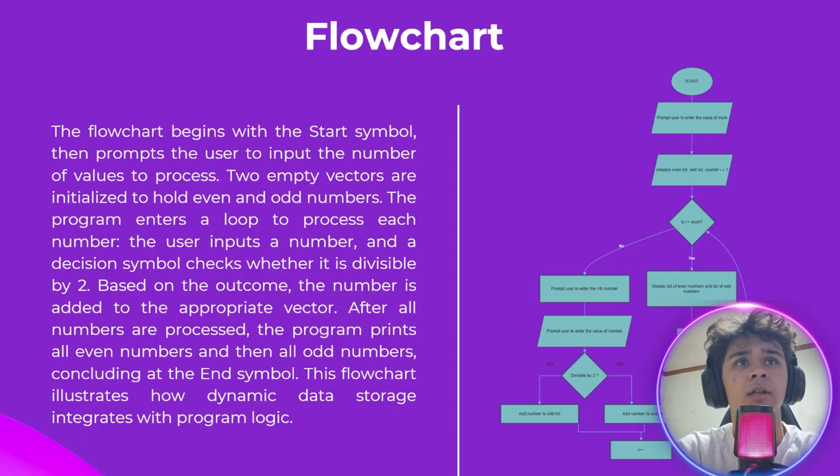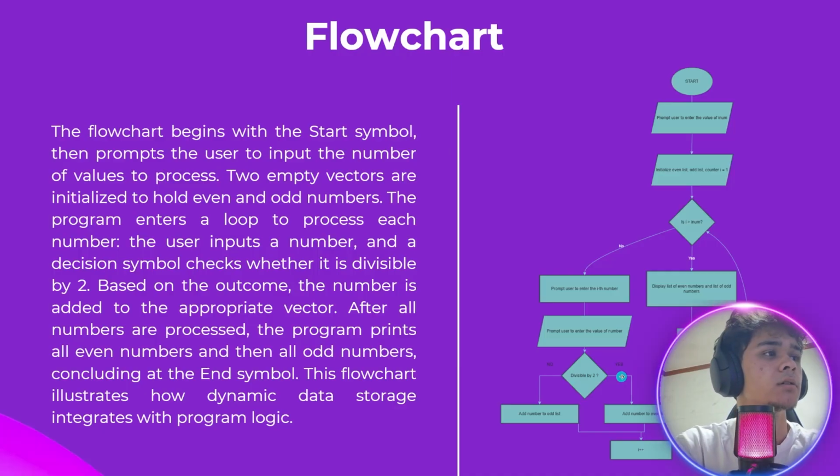So the program enters a loop to process each number. The user inputs a number and a decision symbol checks whether it's divisible by 2. Here it prompts the user to enter the number, and here again the diamond shape checks if it's divisible by 2 or not.